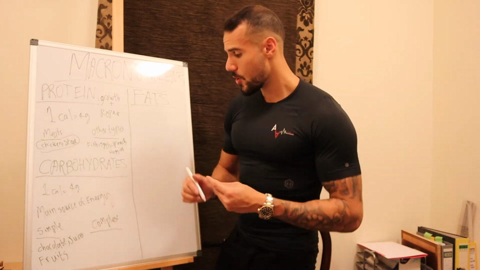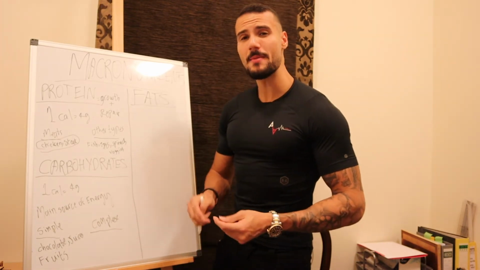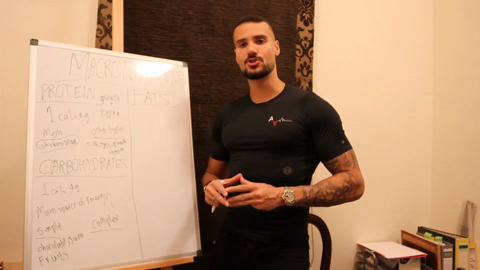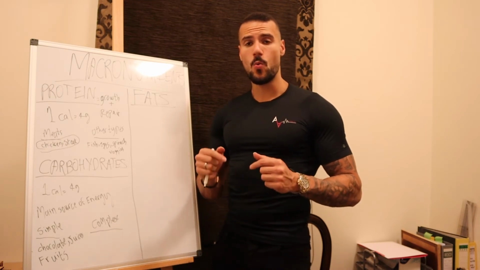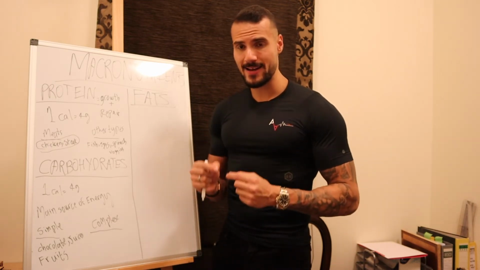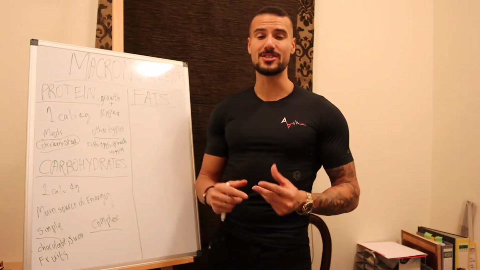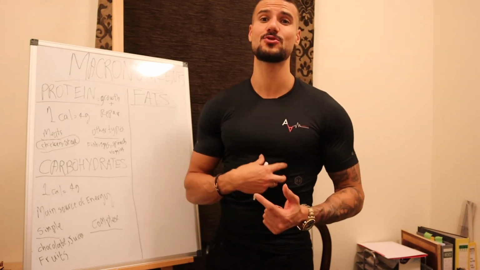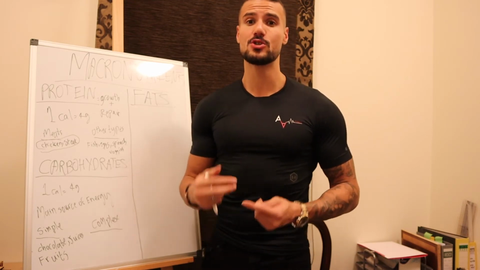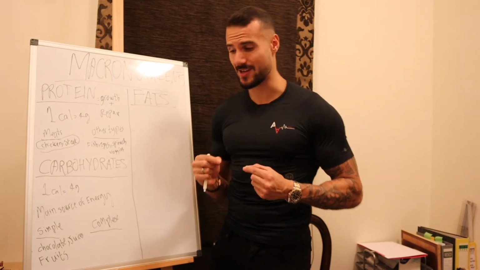Alright? So what are the complex ones? Remember guys, in my grocery shopping video, which was the last video, any source of carb, I told you I prefer it to be whole wheat. Why? Because it's slowly releasing energy and gives you the sensation of fullness. So that's why I prefer whole wheat carbohydrates. Those are the complex carbohydrates.